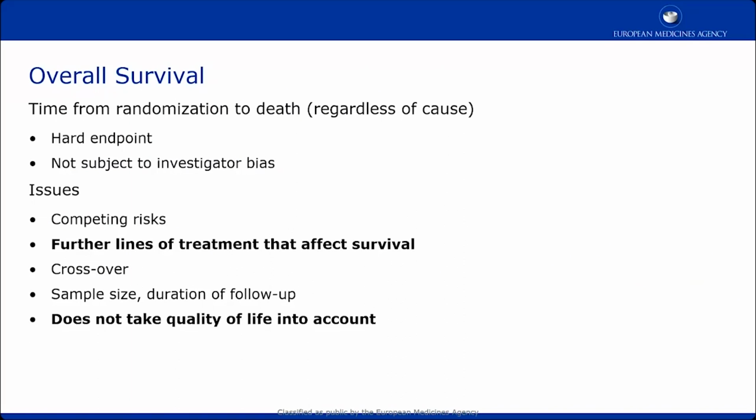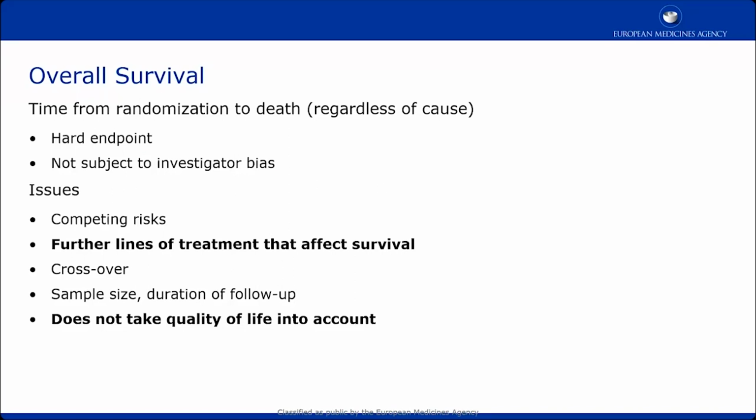And some of the issues that are less well known are competing risks, so deaths due to other causes, the effect of further lines of treatment, which can make it much more difficult to detect survival, the effect of crossover in certain designs, the fact that it takes a long duration of follow-up and large sample sizes to detect small effects.